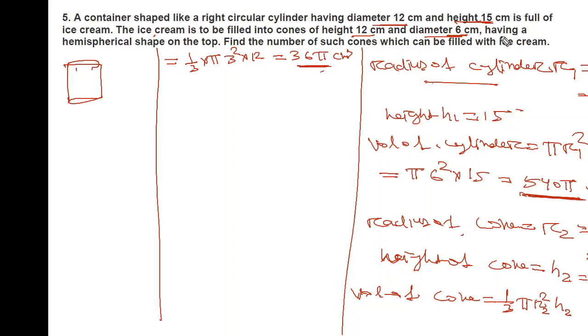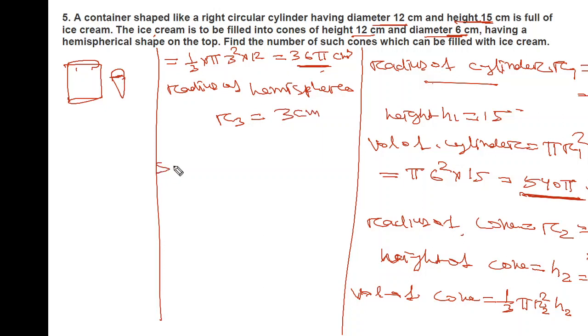Again you see, having a hemispherical shape on the top, so the cone has a hemispherical top. Now the radius of the hemisphere will be same as the radius of this cone, so you can write radius of hemisphere, you can name it R3, which is equal to the same as the radius of the cone, so here you have 3 cm.